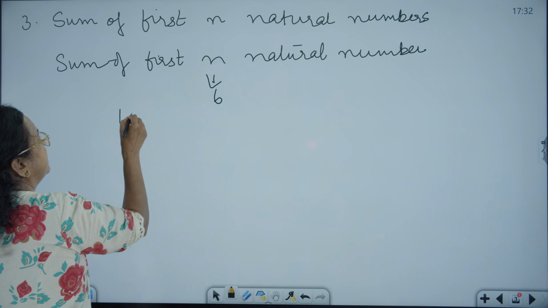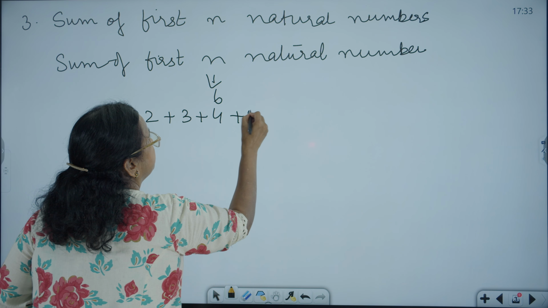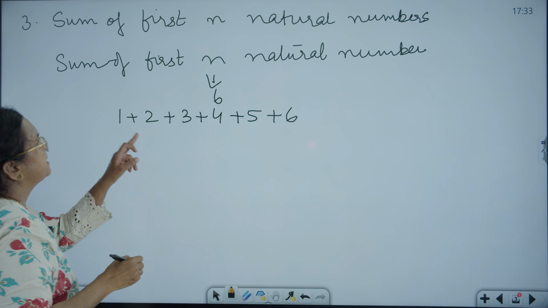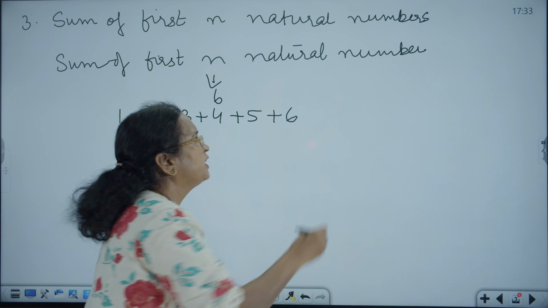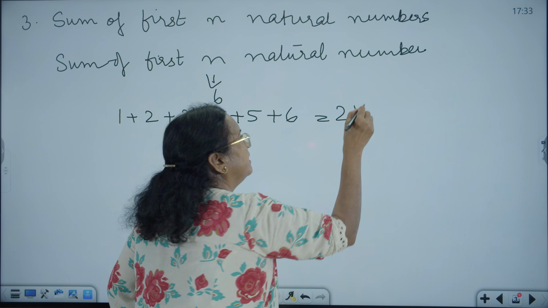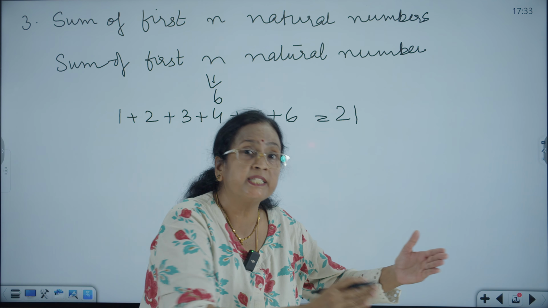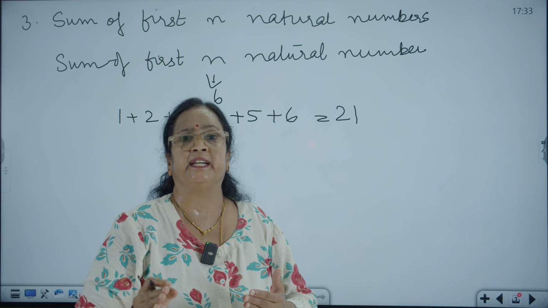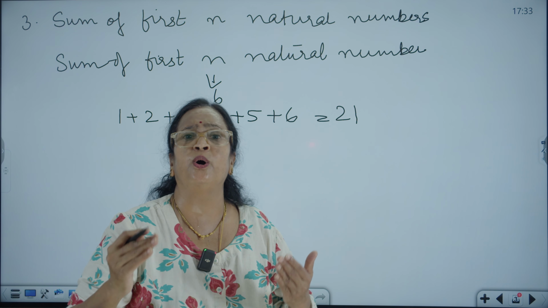Very easily. 1 plus 2 plus 3 plus 4 plus 5 plus 6. 1 plus 2 is 3, 3 plus 3 is 6, 10, 15, 15 plus 6 is 21. We can easily do it, isn't it? But what if I say first 80, first 90, first 900? It is very difficult and takes a long time.